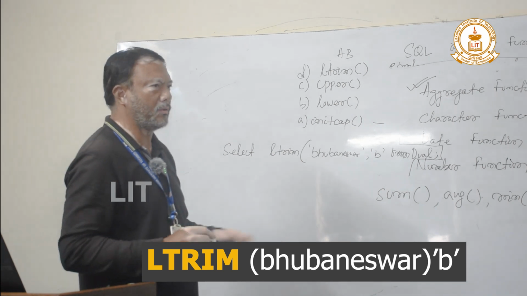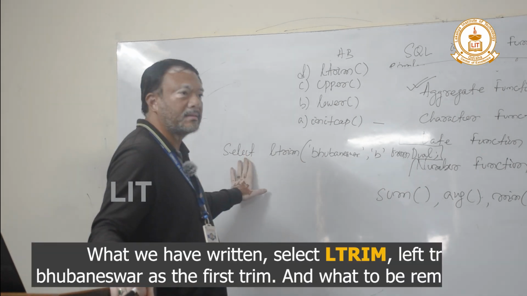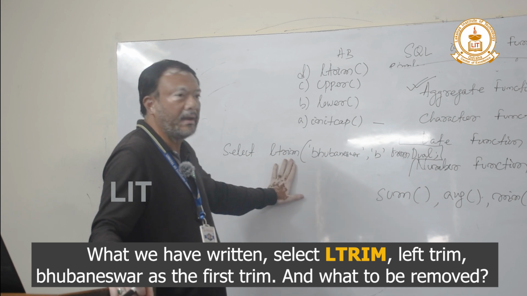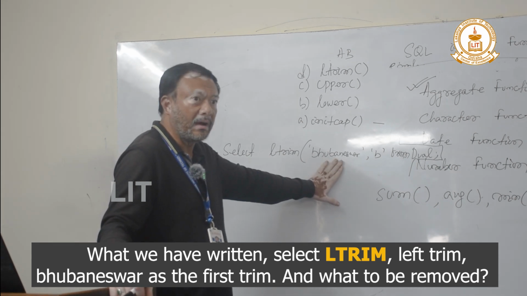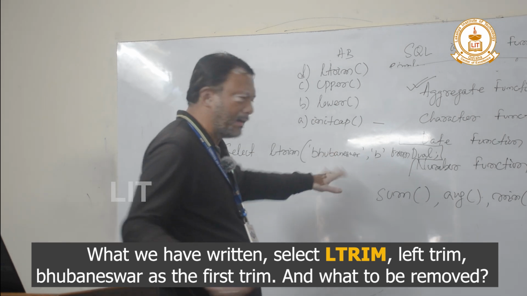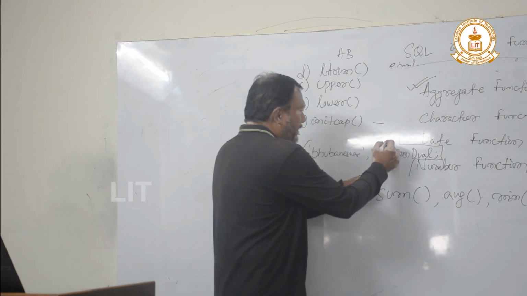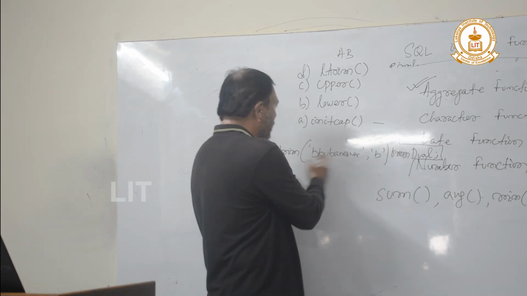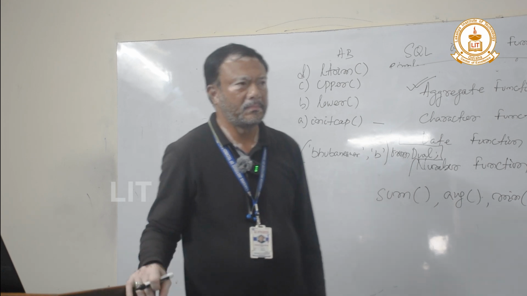What we have written: select LTRIM, left trim, Bhubaneswar as the first string, and B to be removed. Obviously there will be a bracket for the function, then from dual. Check.